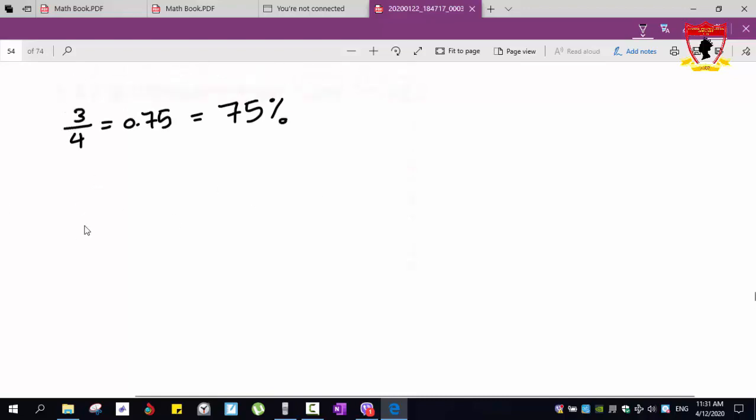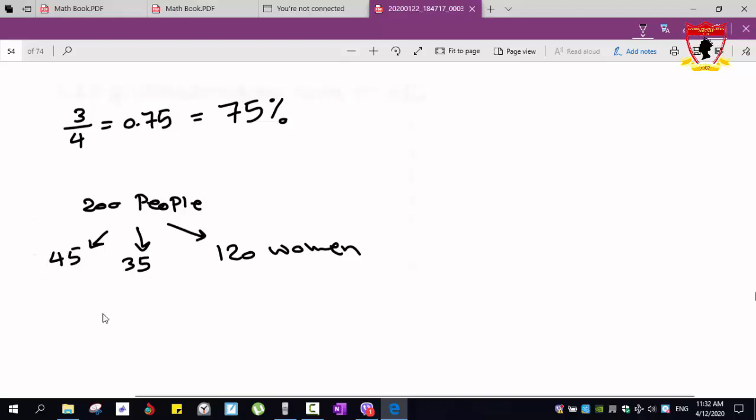I want to add another question here. For example, in a shopping mall, there are 200 people. In these 200 people, 120 of them are women, 35 of them are children, and the rest are men, which is 45.